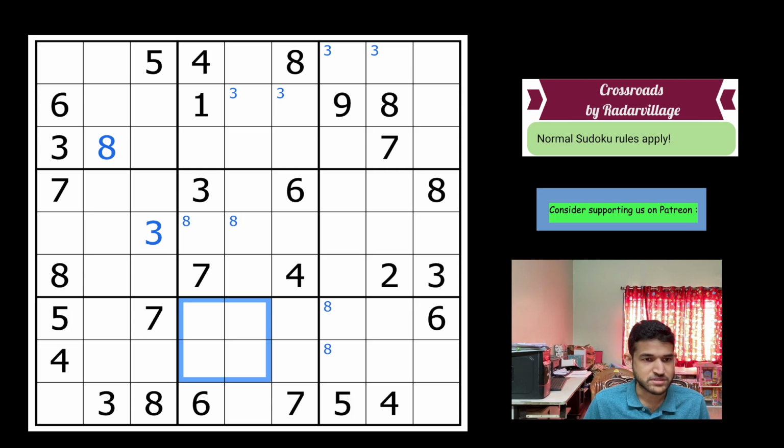Let's see the 7s. 7 must be in one of these 2 cells. 7 in box 2 goes here. 7 in row 5 goes here. And similarly, row 9 goes into the same set of corresponding cells.